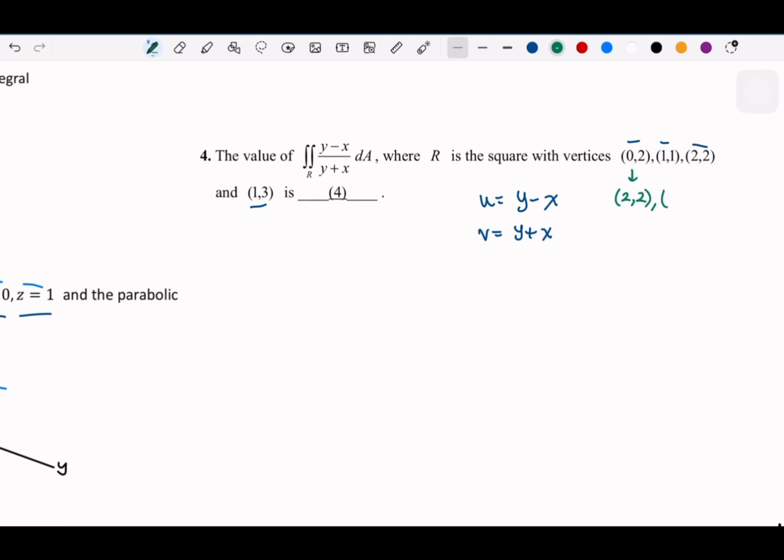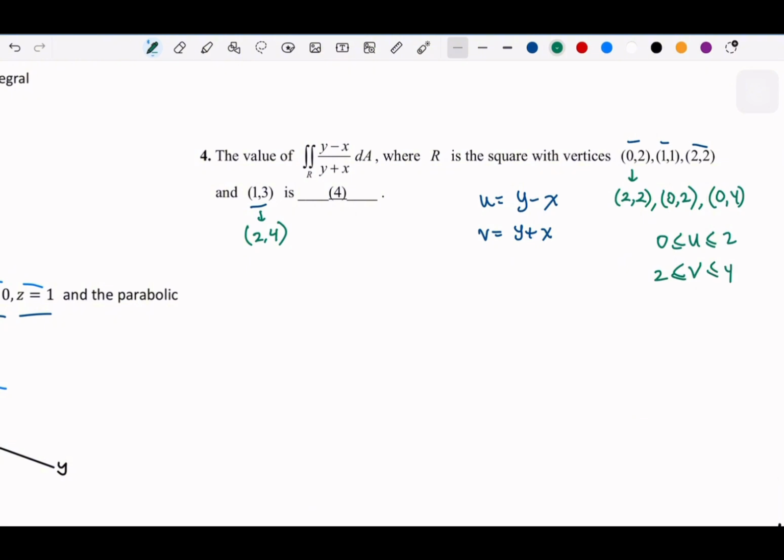And then 1, 1 will be 0, and then 2, and then 2, 2 will be 0, and then 4. And then 1, 3, this will be 3 minus 1 is 2, and then this is 2, 4, right? So we have 0 to 2 for u, and then v is 2 to 4.